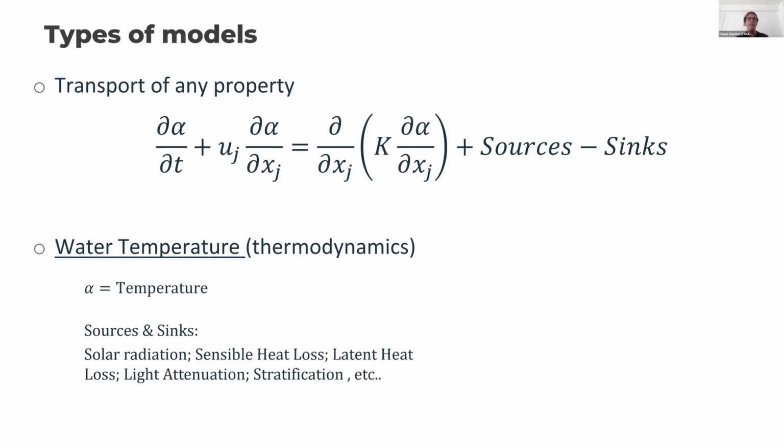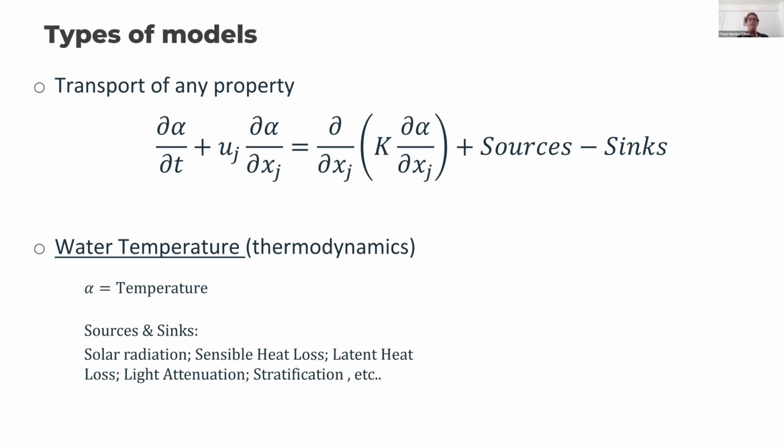For energy, for water temperature, okay? In that case, the alpha will be the temperature, so it's being transported in my water column, and the sources and sinks are solar radiation, sensible heat loss, latent heat loss, light attenuation, stratification. Okay, it's all those processes connected.